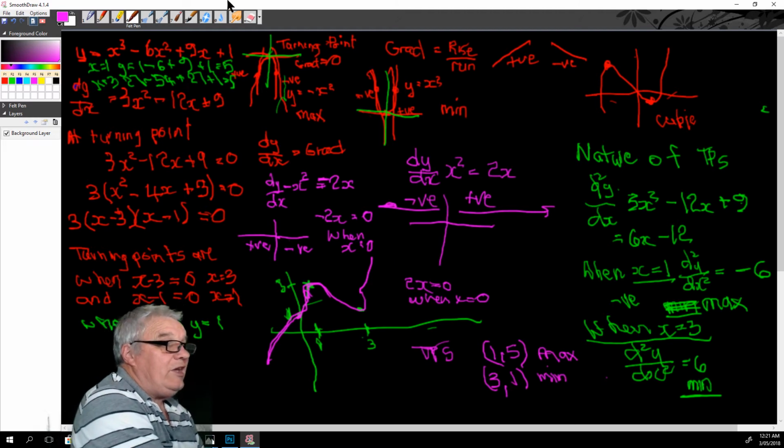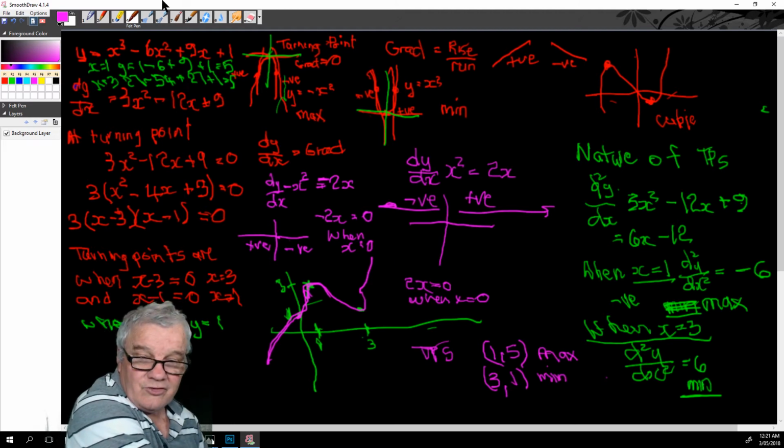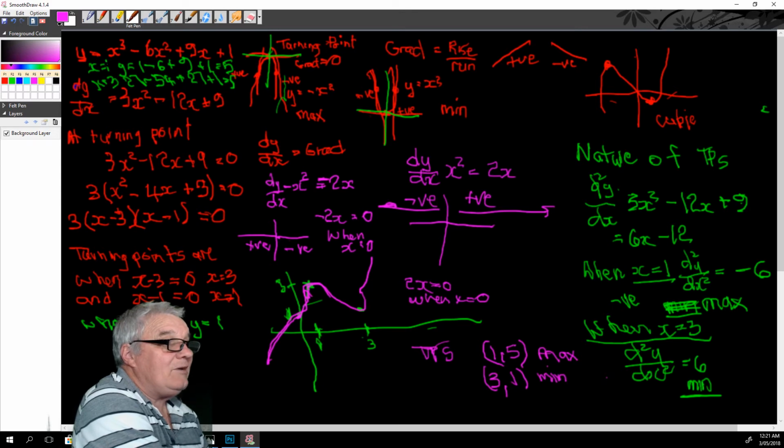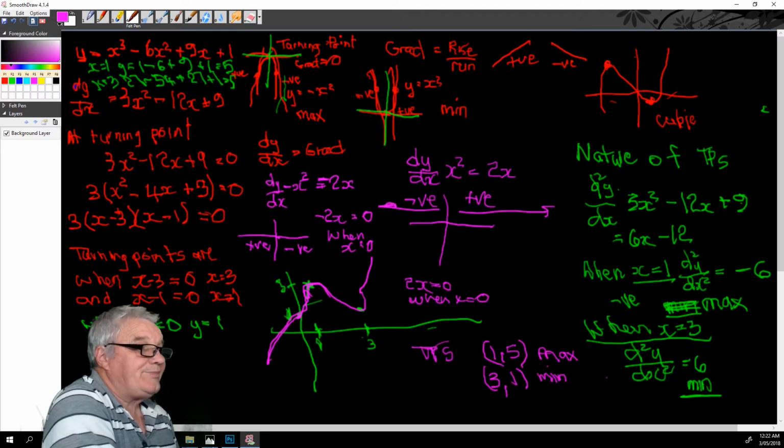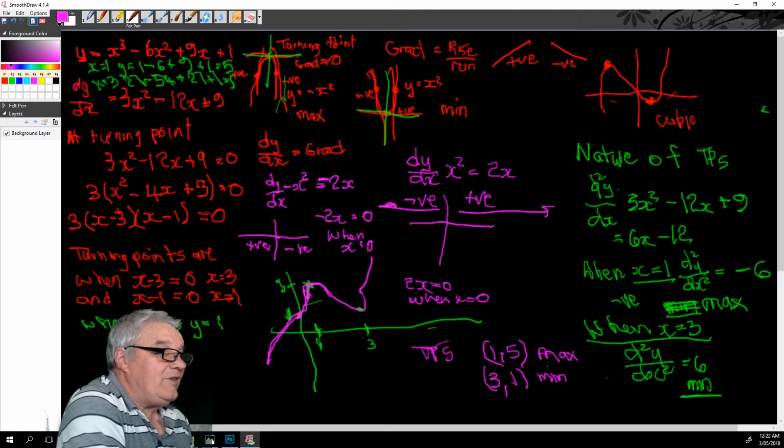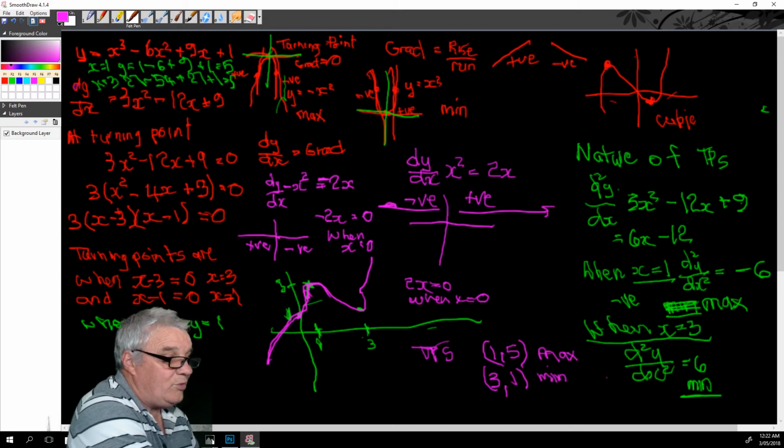So just to recap on this, we started with the function there. Then the next thing we did was we differentiated it, and then we set that to 0, and solving that gave us the turning points, that the turning points were at x equals 3 and x equals 1.